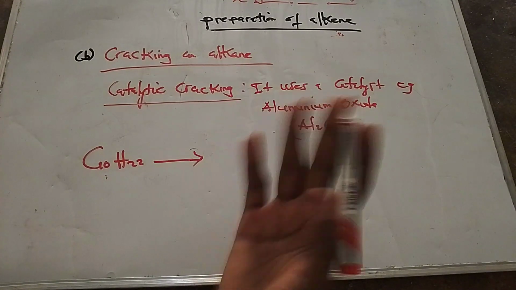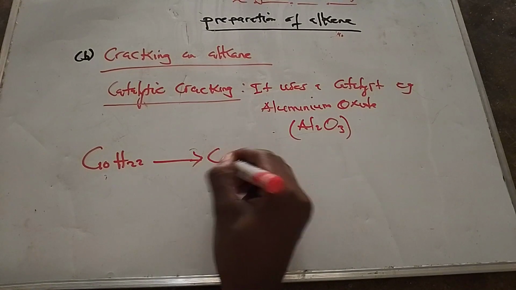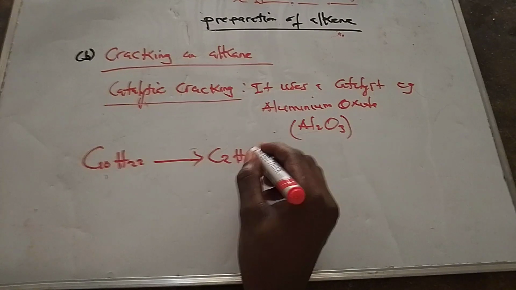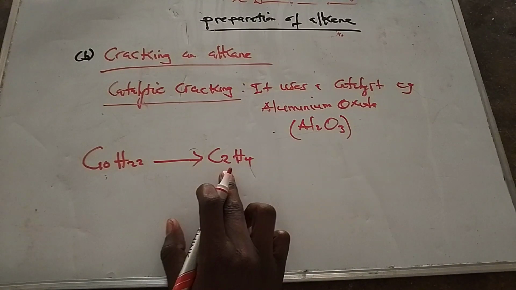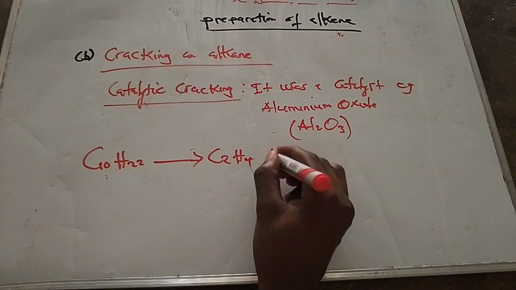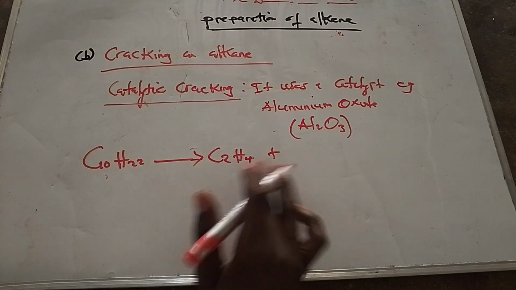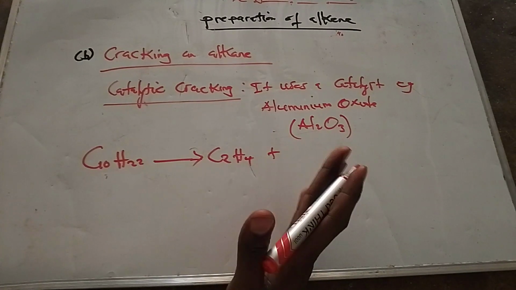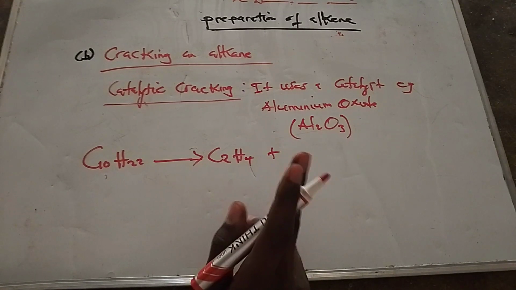So let me start with a simple one. Let's extract ethene, C2H4. This is my alkene. Plus, what else will be produced? Am I going to produce another alkene or an alkane? First thing, I want to have two products.